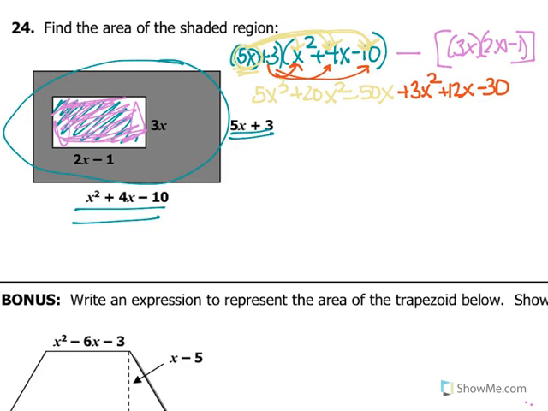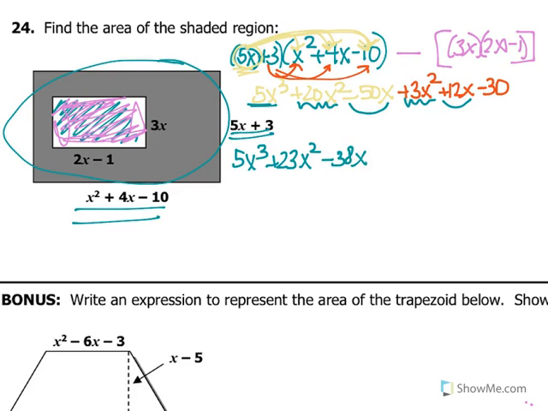Okay, so I've multiplied 5x by all three terms and then the 3 by all three terms. Now we just need to combine our like terms. There's no other like term with the 5x cubed, so I'm just going to bring that down. Then you have 20x squared and 3x squared make 23x squared. Negative 50x plus 12x gives me negative 38x.